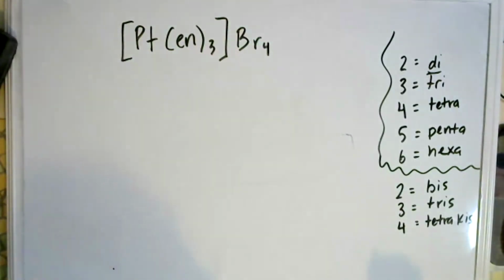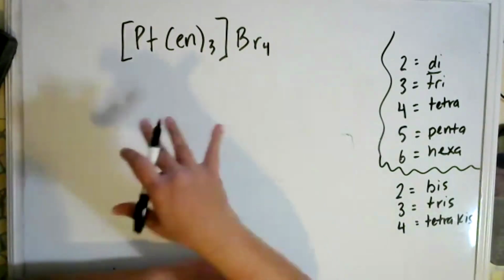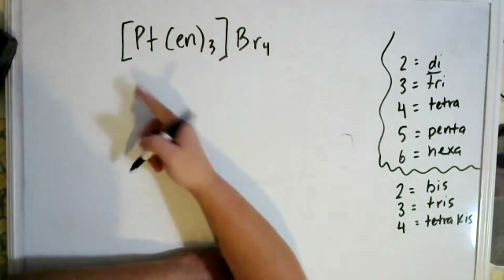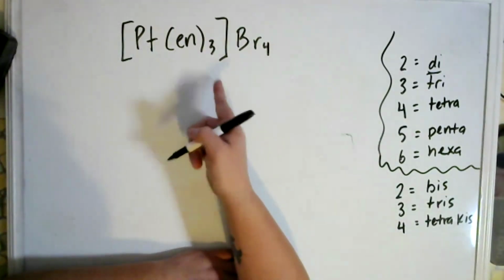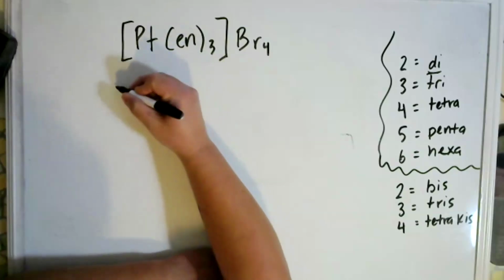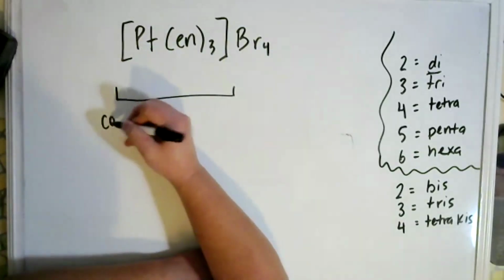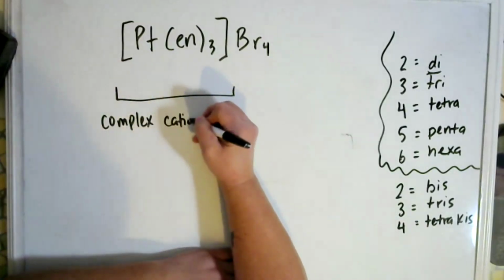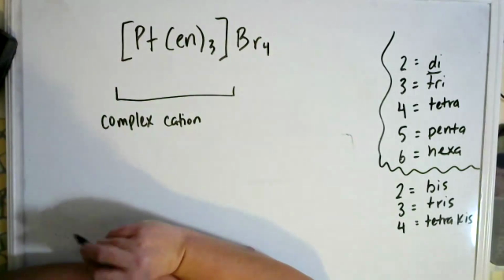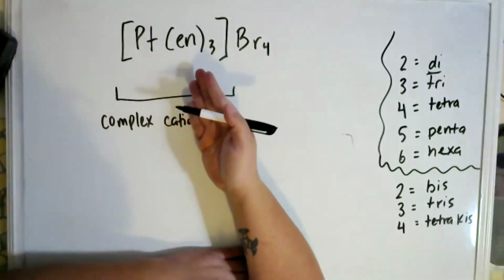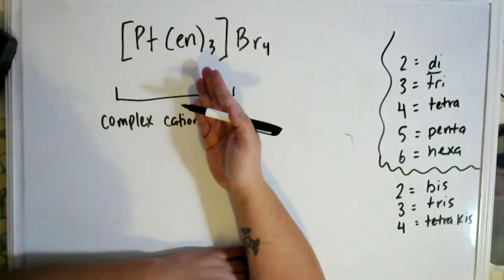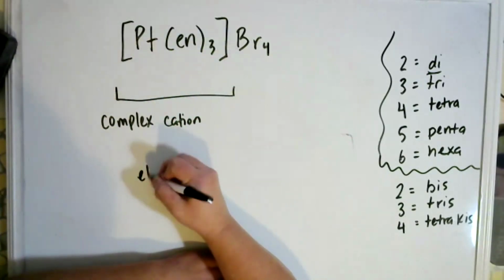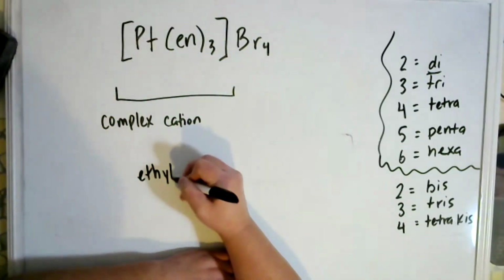Okay, so when you see a compound like this, again, the first thing that you would start doing is looking at this and recognizing the fact that your brackets are at the beginning of your formula. So what you're working with here is going to be a complex cation. All right. And then you have one type of ligand present, and that ligand is going to be ethylene diamine.